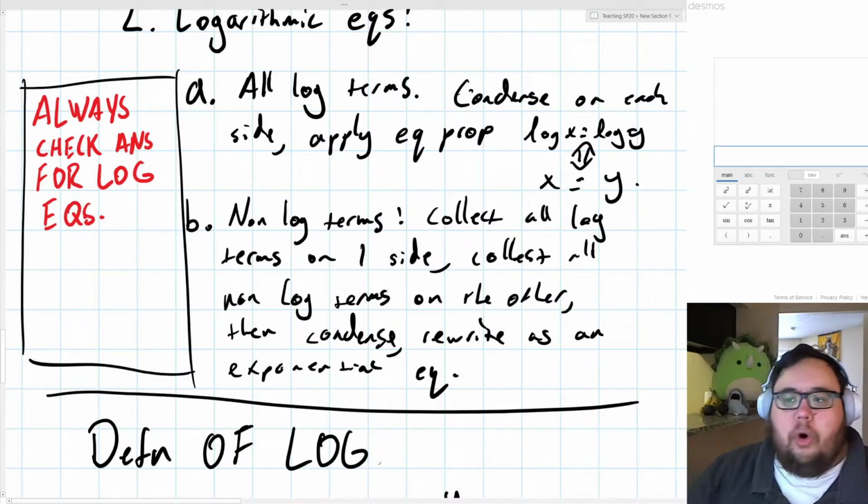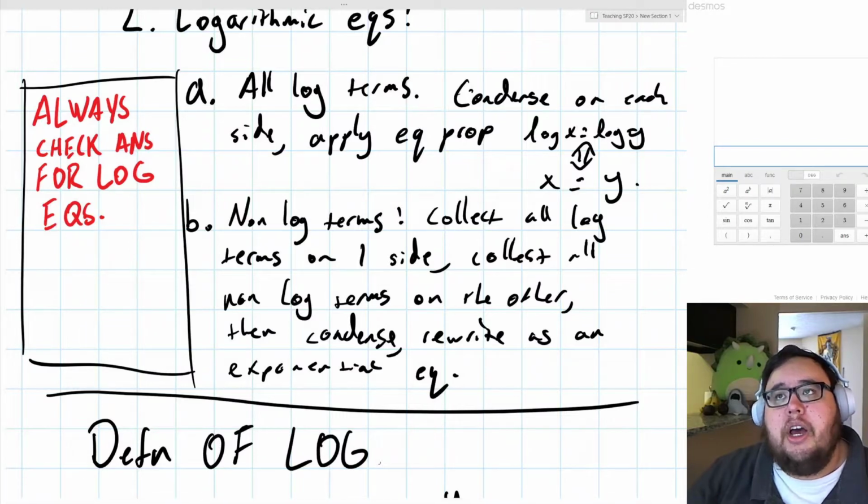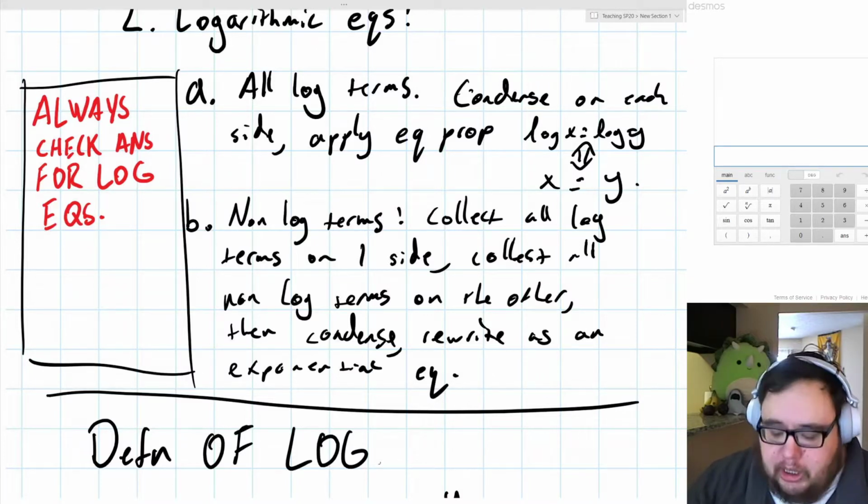You always must check your work or check your answers on logarithmic equations because when you're solving logarithmic equations, it's possible that you will get extraneous solutions. You may have found a solution that came about, but would have caused you to take the logarithm of 0 or a negative number, which you're not allowed to do.